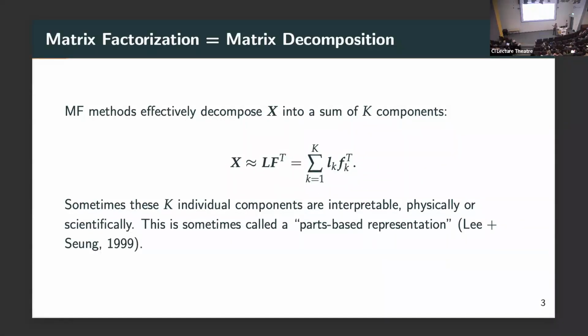Lee and Seung used the phrase parts-based representation to refer to this idea of decomposing X into parts, where interpretability is kind of implicit in the parts. So, to set the stage a little bit, this is a different way of thinking about matrix factorization than purely an embedding idea, right?